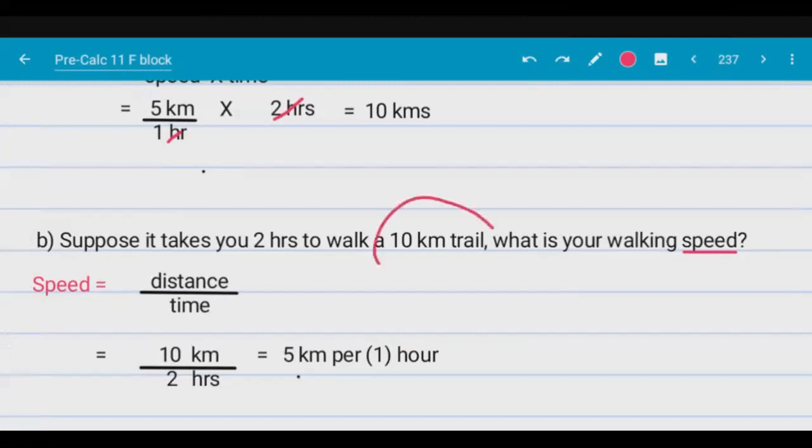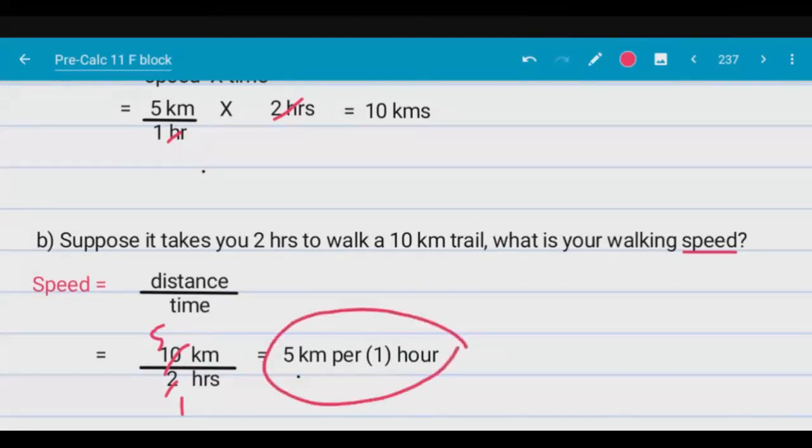So the distance that was covered was 10 kilometers, and the time it took was 2 hours. So 10 kilometers divided by 2 hours. So these two cancel out. This is a 5, this is a 1. So really, it would be 5 kilometers over 1 hour. Although you're used to writing it this way, 5 kilometers per hour. You don't really write per 1 hour.